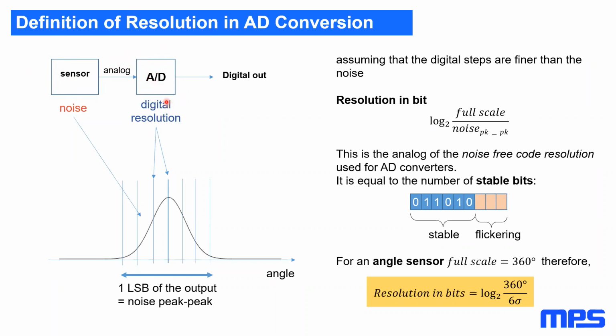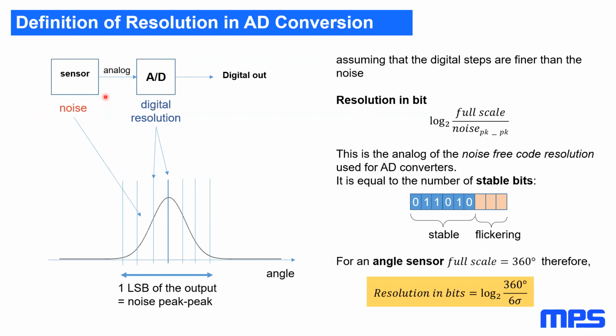because the model still stands. It fits. In an A to D converter, you have an actual resolution of the converter itself, and so that creates a measurement grid. Ideally, that grid has to be finer than the actual noise distribution of the sensor. If it's not, then your resolution is now defined by your A to D converter, which is bad.